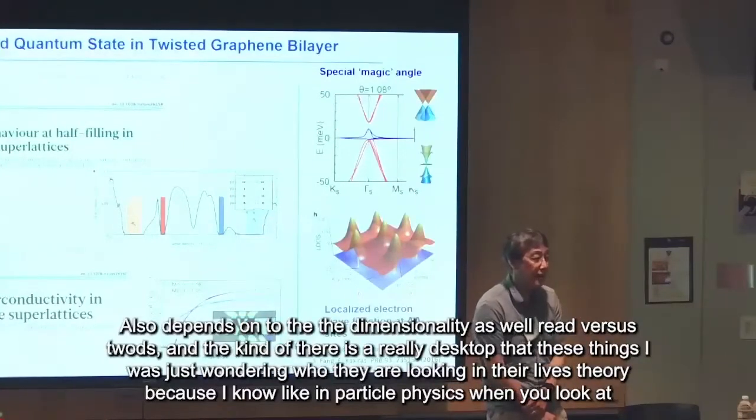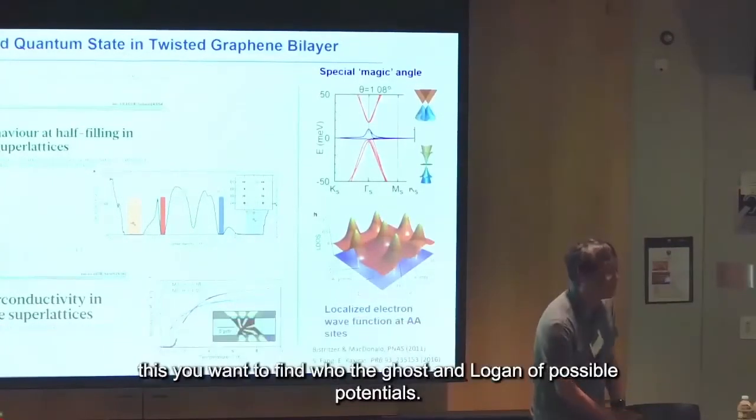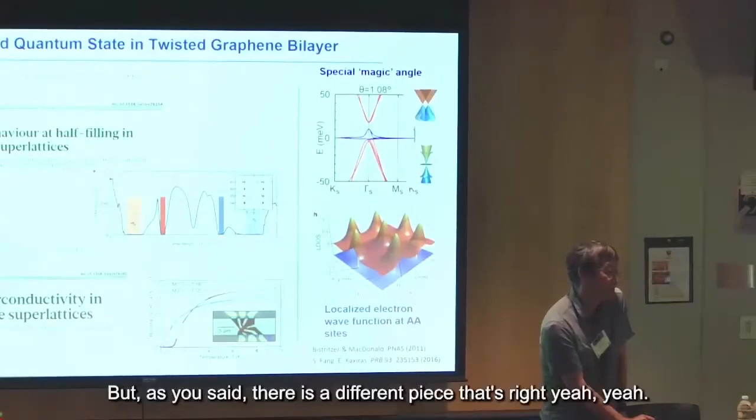Right. I was just wondering, is there a generalized theory? Because I know in particle physics, when you look at this kind of structure, you want to find all the Goldstone modes and all possible potentials, and then your excitations are the Goldstone modes. My first impression was that the Skyrmion must be a Goldstone mode or something bigger. But as you said, the two-dimensional case is different. That's right.